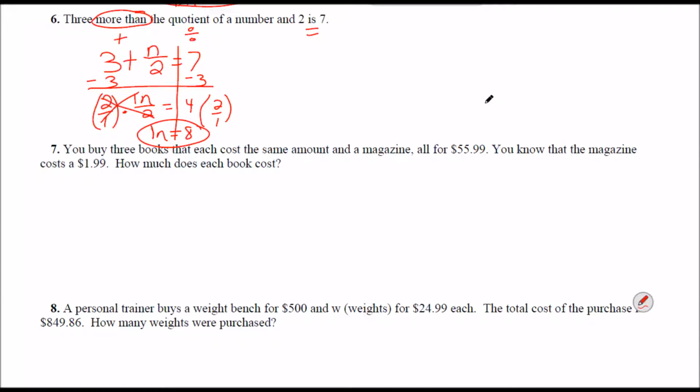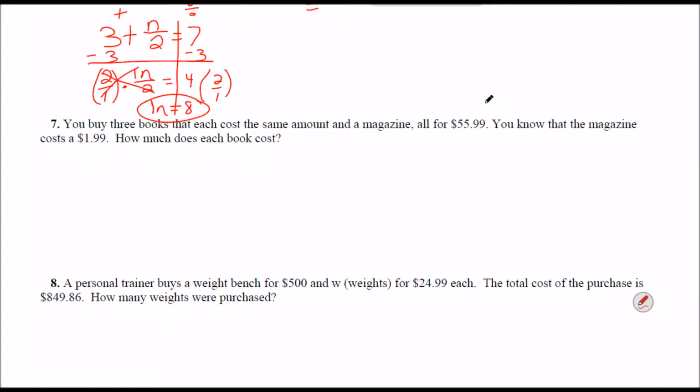Okay, so 1 through 6 were more of those word problems or little sentences that translate into an equation. However, numbers 7 and 8 are more of a real-world type situation where defining a variable becomes more important because it actually stands for something.